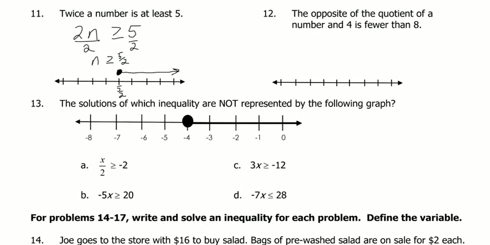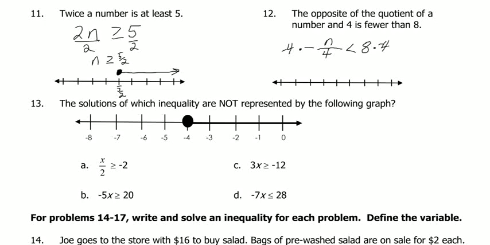Alright? The opposite of the quotient of a number and 4 is fewer than 8. So we need to multiply both sides by negative 4 to kick this party off.